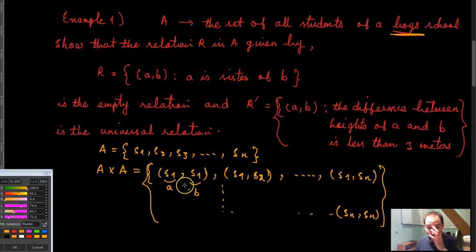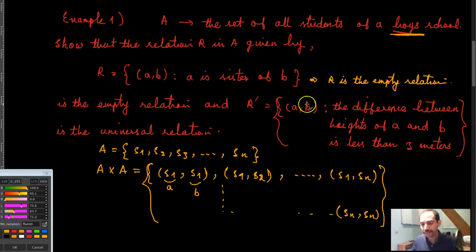So it's just not possible that, taking this as A and this as B, A is a sister of B, because A in all of these cases is a boy. And so you can say that R is the empty relation. So that is about R.